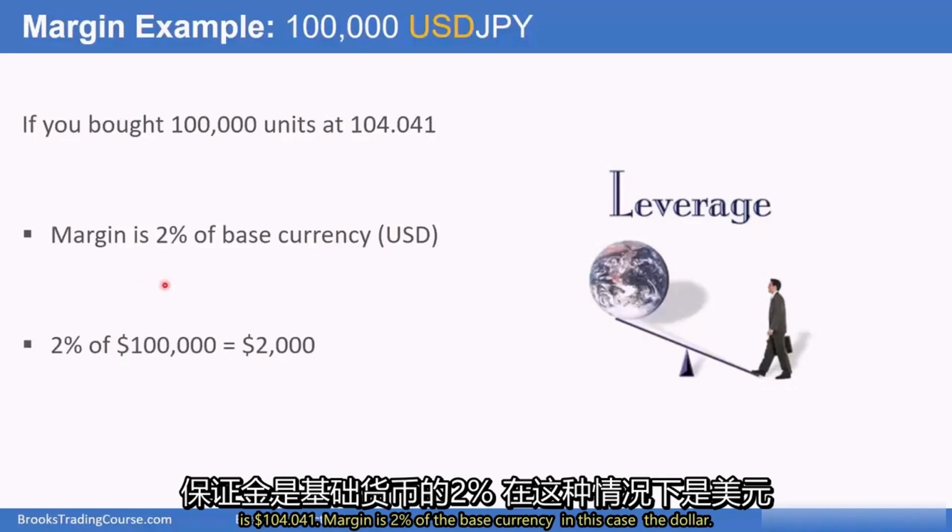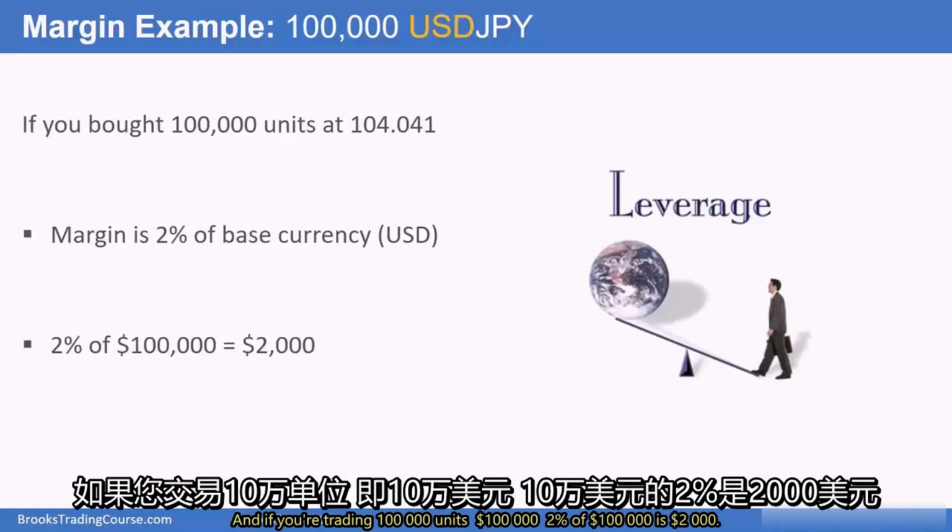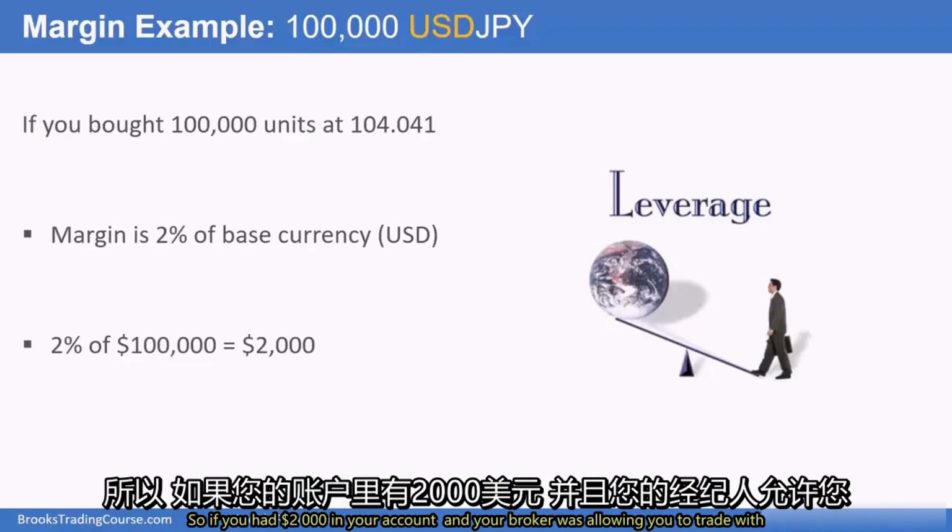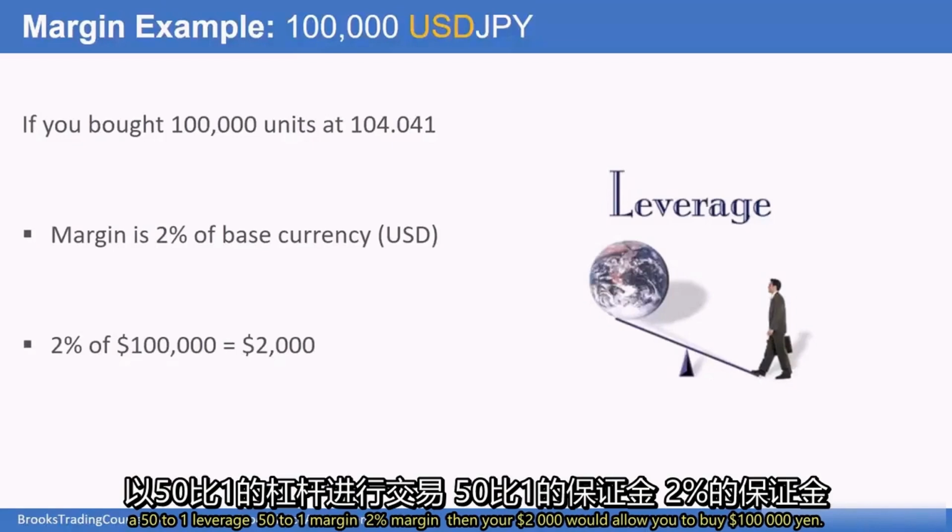Margin is 2% of the base currency, in this case, the dollar. And if you're trading 100,000 units, $100,000, 2% of 100,000 is $2,000. So if you had $2,000 in your account and your broker was allowing you to trade with a 50-to-1 leverage, 50-to-1 margin, a 2% margin, then your $2,000 would allow you to buy $100,000 yen.